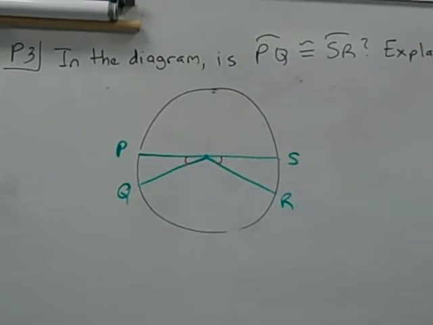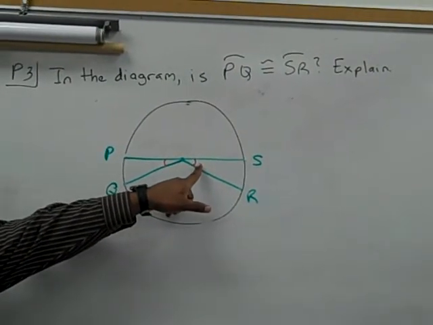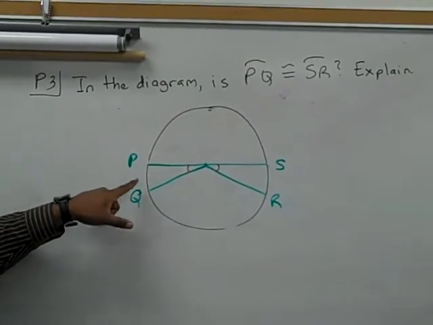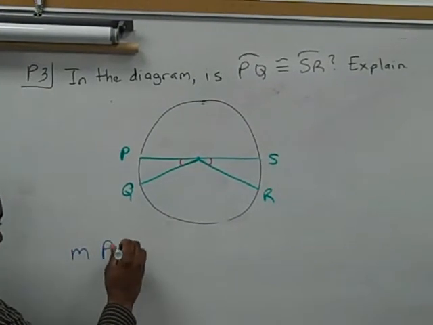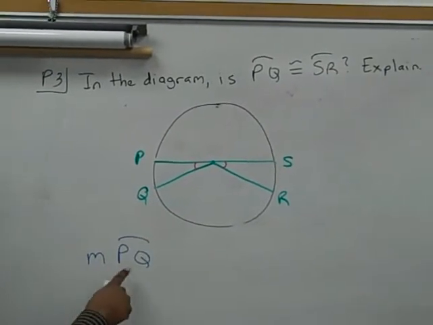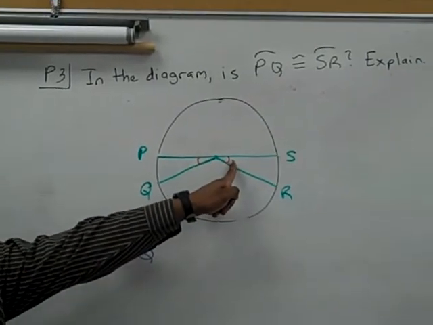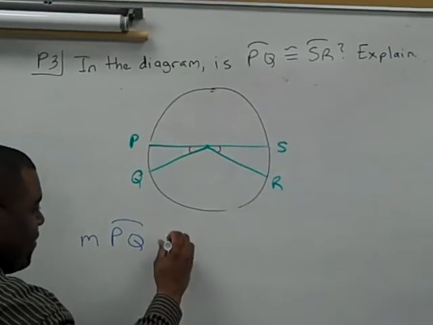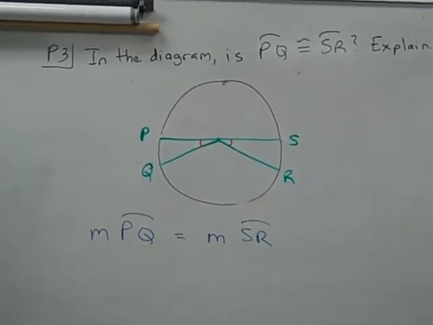Yes, we can, and here's why. Since these have congruent marks here, we know that this angle is the same angle measurement as arc PQ. So I'm going to write that down, the measure of arc PQ. And since this angle right here is the same measurement as this, we know that it is the measure of arc SR, all right?